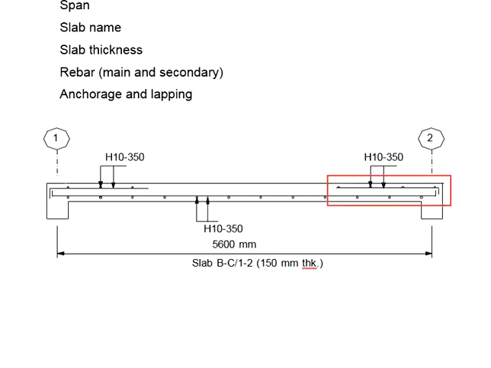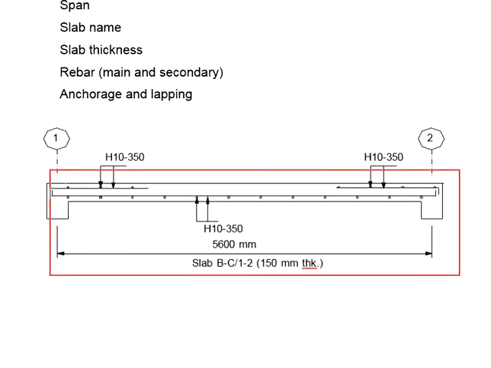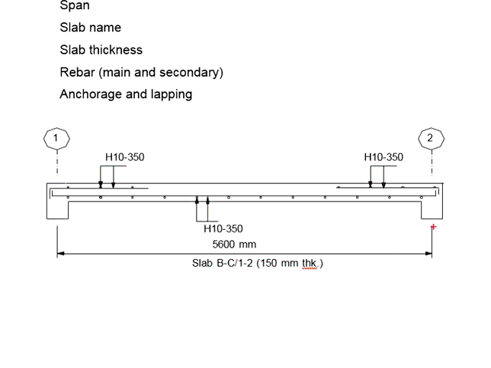How about top reinforcement? Although in our analysis, when we talk about this span, this is a discontinuous edge and this is also a discontinuous edge. In the analysis, we assume it as a simply supported slab. However, you know that it is actually monolithically cast with the beams.